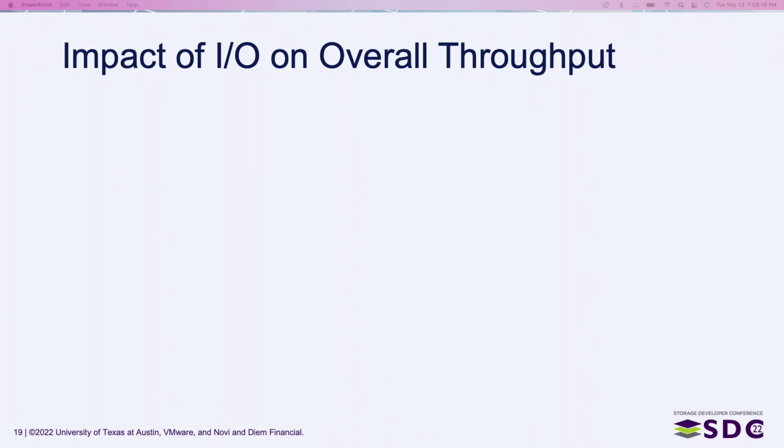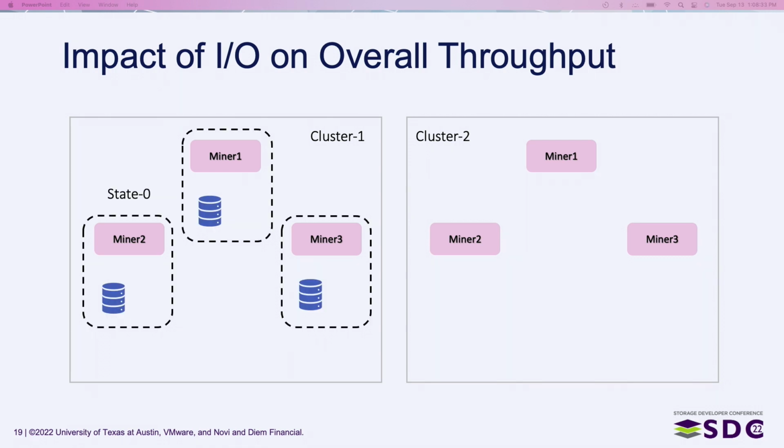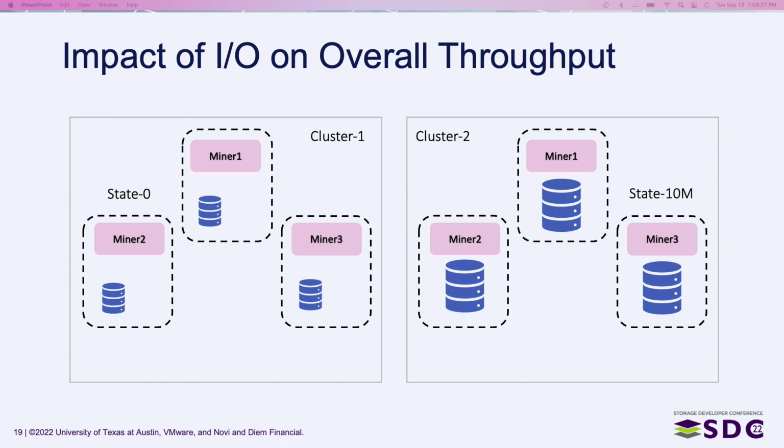To empirically show the impact of I/O bottlenecks on the overall throughput, here's an experiment. We run a micro benchmark using two private Ethereum clusters, each with 3 miners. While the first cluster has no system state, the second cluster is initialized with 10 million user accounts. Each cluster processes around 30,000 transactions in total.